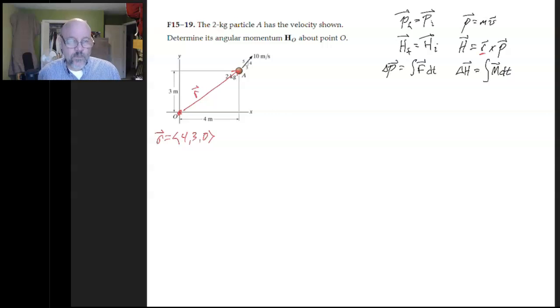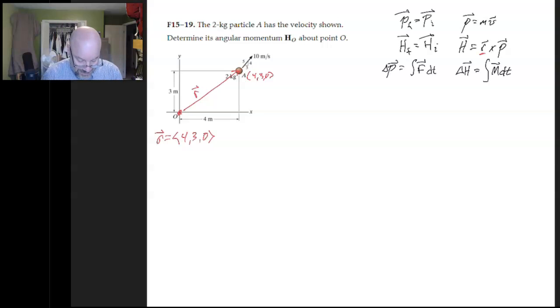I want to put the location for A here: 4, 3, 0. Next, we need the vector for the velocity. It's 10 meters per second, and we can see we have a 3, 4, 5 triangle there.